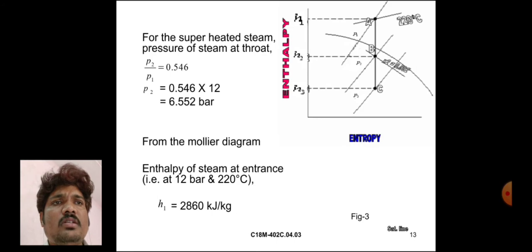At entry the pressure is P1, at throat the pressure is P2, and at exit the pressure is P3. Enthalpy H1 is 2860 kilojoule per kg.